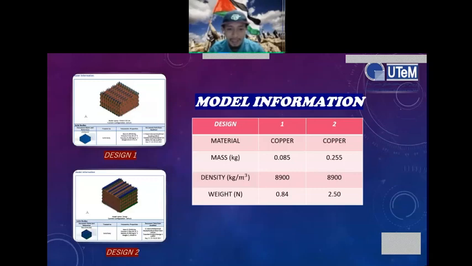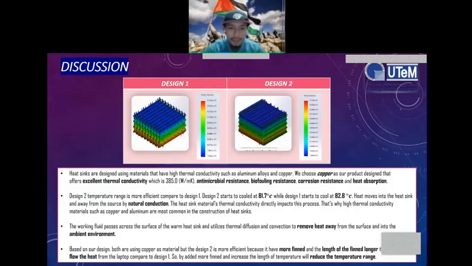The density of the first design is 8,900 kilogram per meter cube, and the second is also 8,900. The weight of the first design is 0.84 Newton, and the second design is 2.5 Newton. That's all for me. I'll pass to the next presenter.